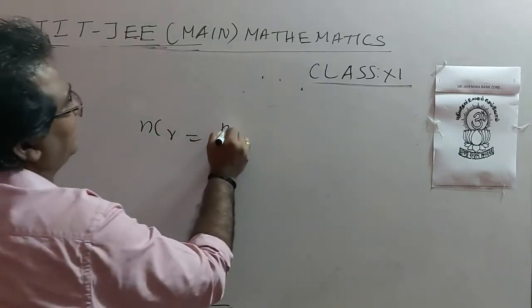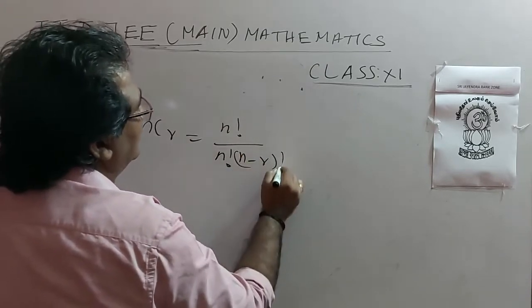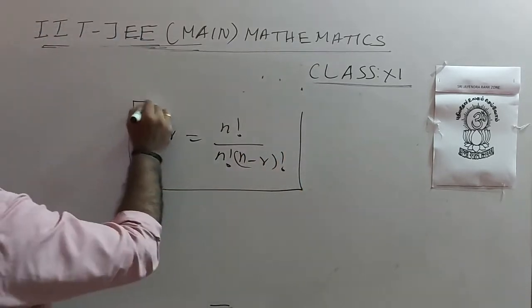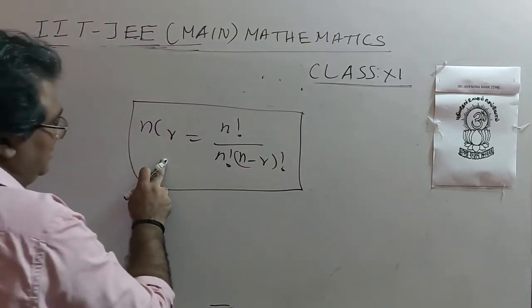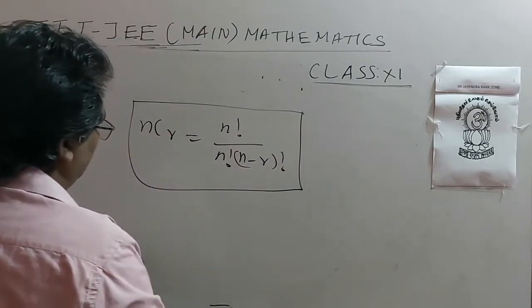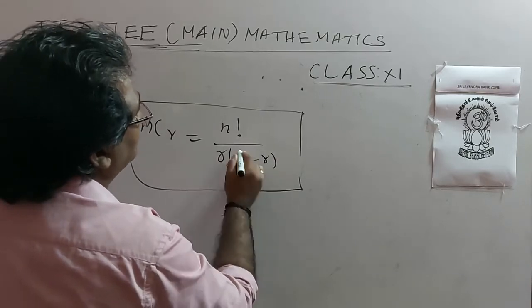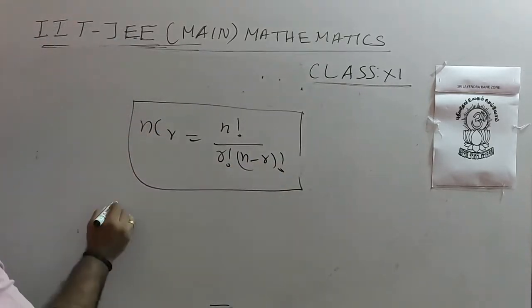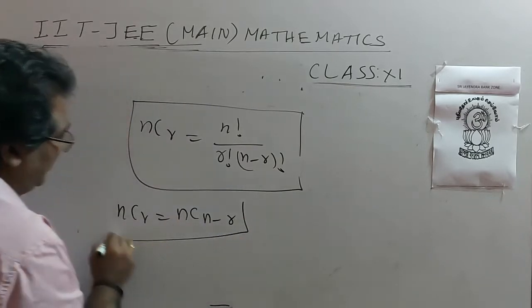The formula is n factorial by r factorial into n minus r factorial. Selecting r objects from n objects is nCr. It is a very important result.